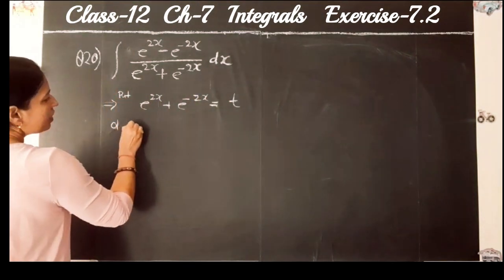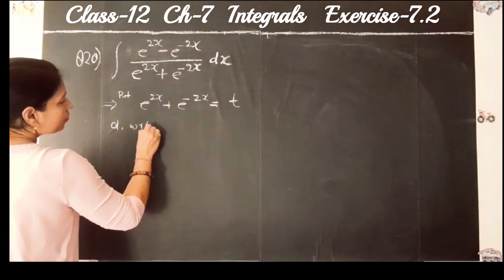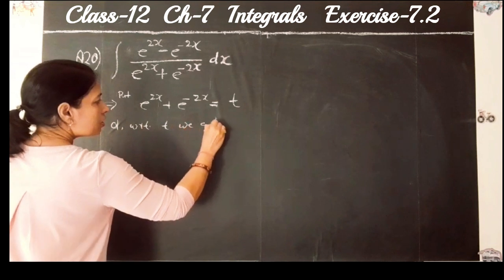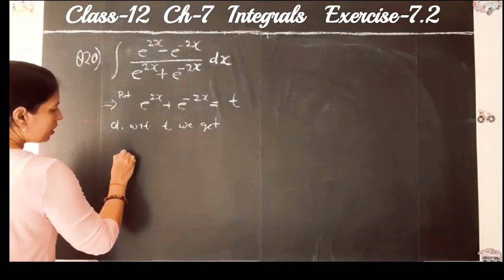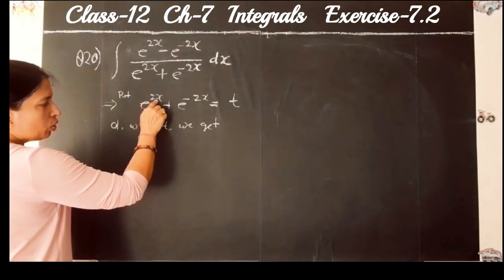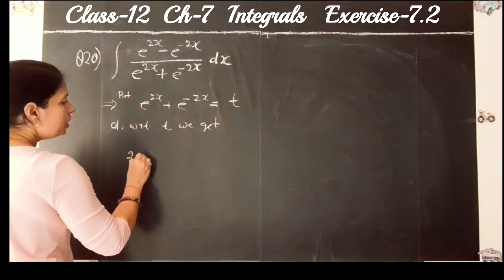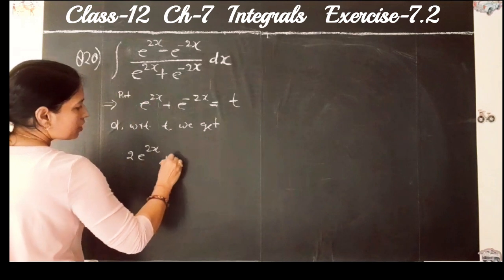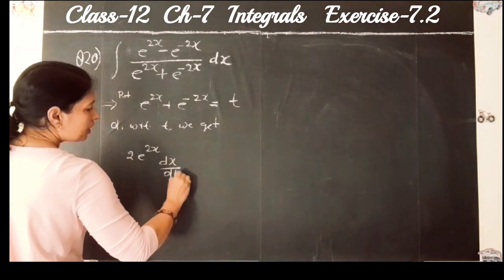Then differentiate with respect to t. We get, when we differentiate e to the power 2x, we get 2 e to the power 2x dx by dt.